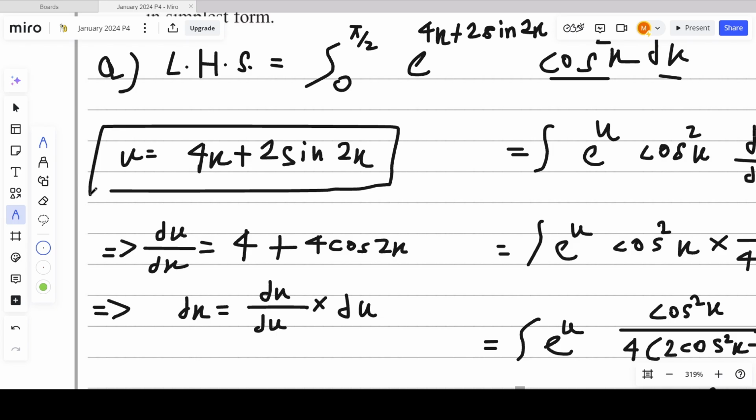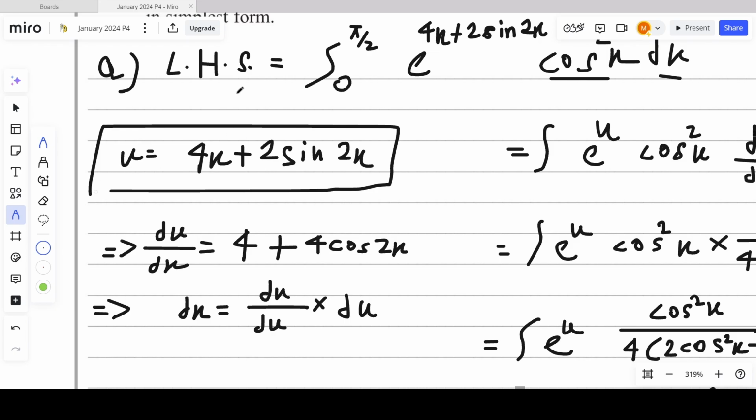We could also make x the subject from there, but I didn't go for that. So you need to understand what made me think of that.